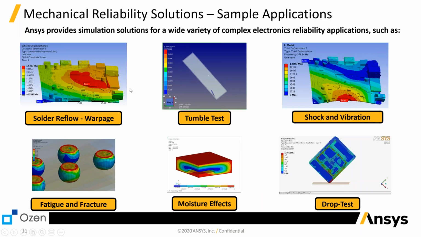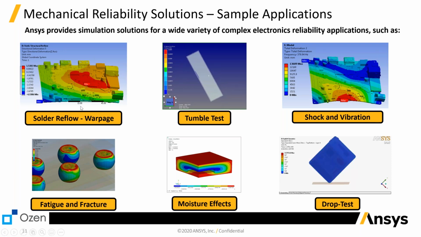So ANSYS has the capability to account for high-level details. And these are some examples of once you have that complicated geometry, and even if you don't have the complicated geometry, if you're using the lumped mass approach, you can do warpage simulations, and the solder reflow warpage simulation. You can do a step-by-step assembly process.